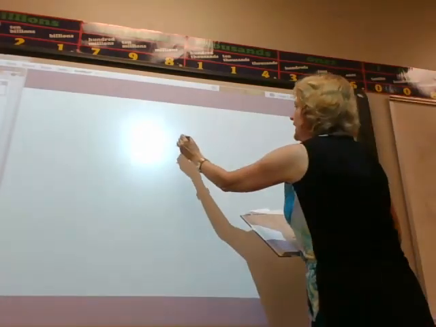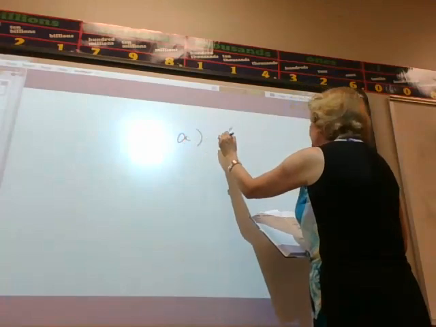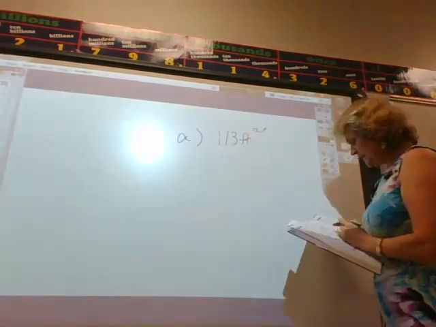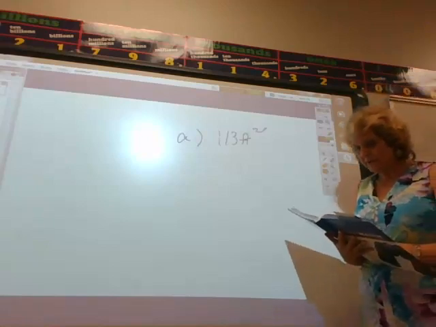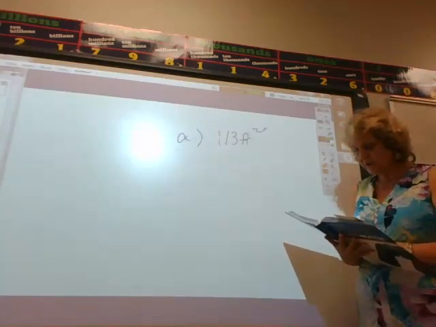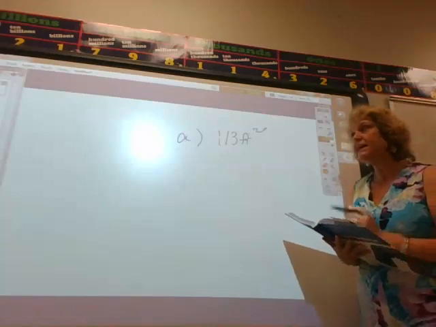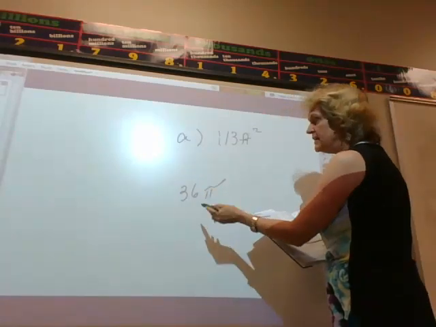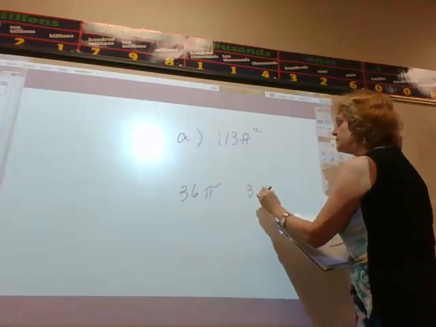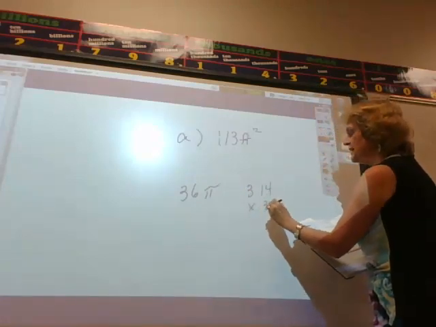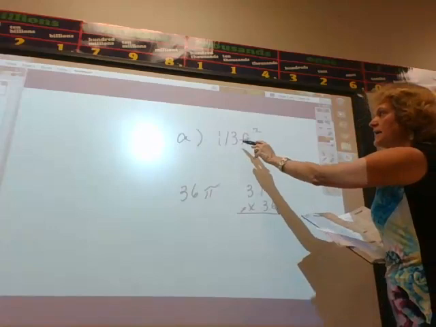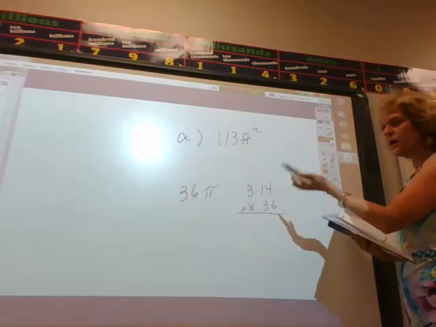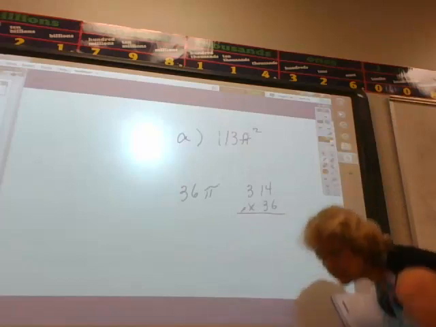All right, so for A, you should have 113 feet squared. You're using 3.14 for pi, and you're calculating the area of circle C. So we had 36 pi for circle C. All we're doing is multiplying 3.14 times 36. You're supposed to round to the nearest foot. So it's 112 something, and you're going to round up.